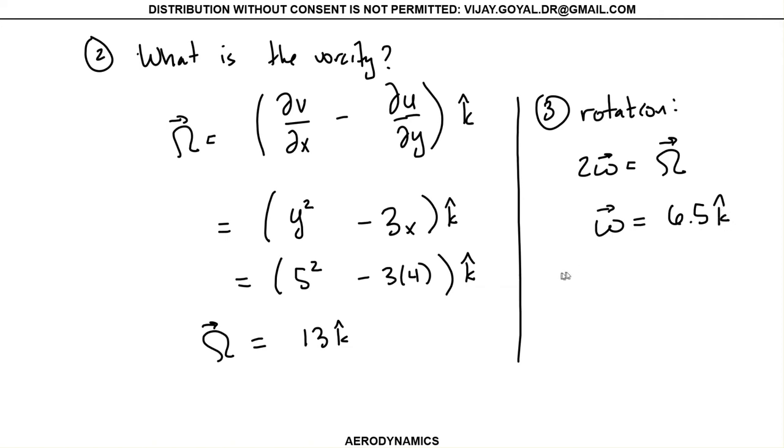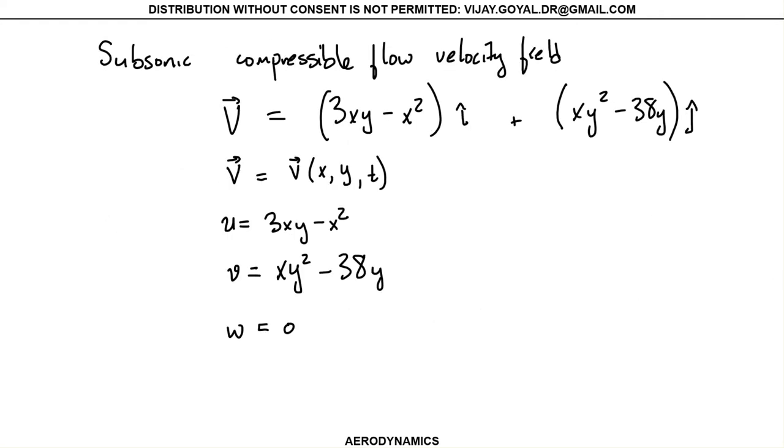And so that is the vorticity. This is the rotation, and you can see rotation is per radians. You're working with angular velocity per second, basically. So this is more or less how we handle all the mathematical terms that we learned, and how we apply them to a compressible flow.